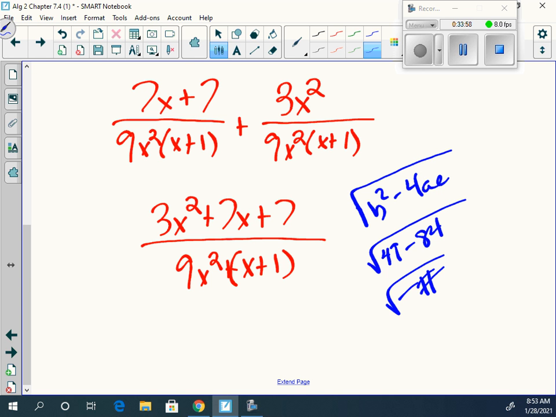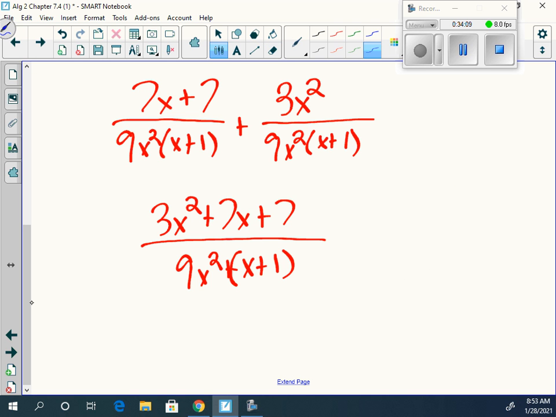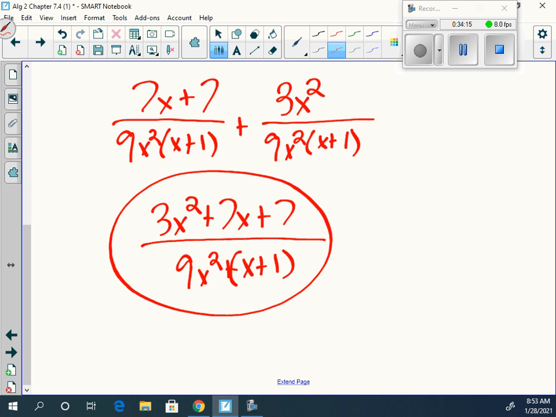That's going to be a negative number. Whatever it is, it's going to be negative because 4 times 7 times 3 is a lot bigger than 7 squared. So this does not factor. That's as simplified as it's going to get.